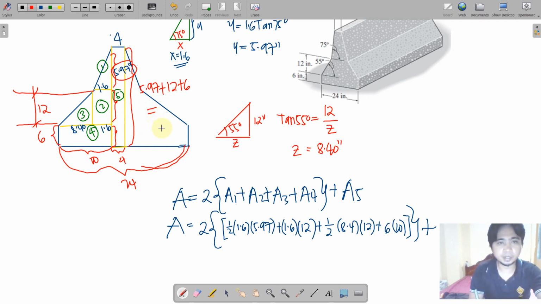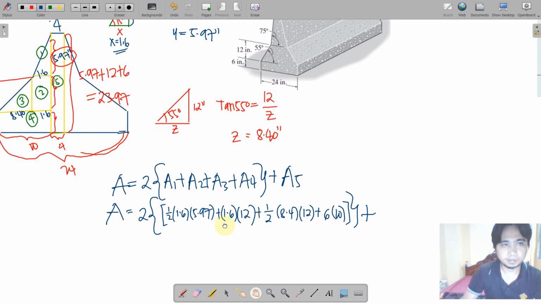So we add those, we have 23.97. So that should be added here as area 5.